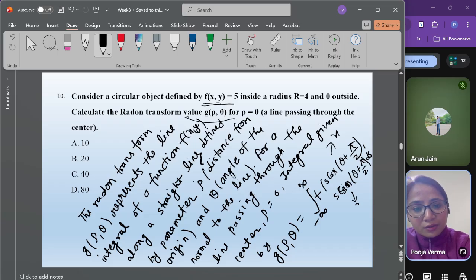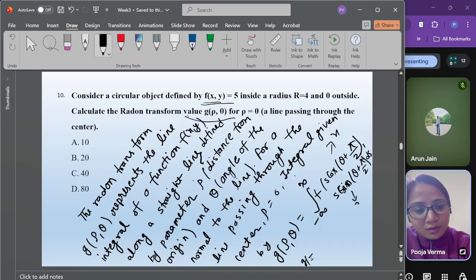Any line passing through the center, that is rho equal to 0, is simply a diameter of the circle, because the object is rotationally symmetric and the result is independent of the angle theta. That limits the integration to the boundaries of the disk along the line, that is, the range of the radius.